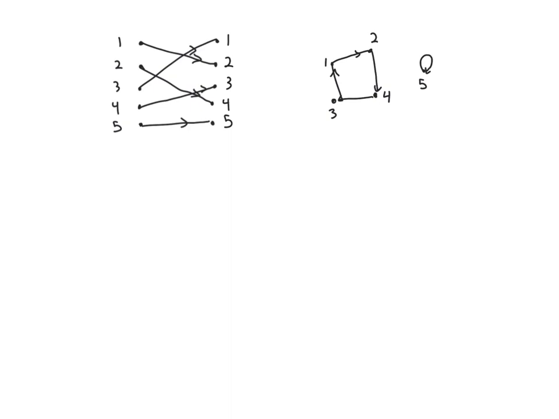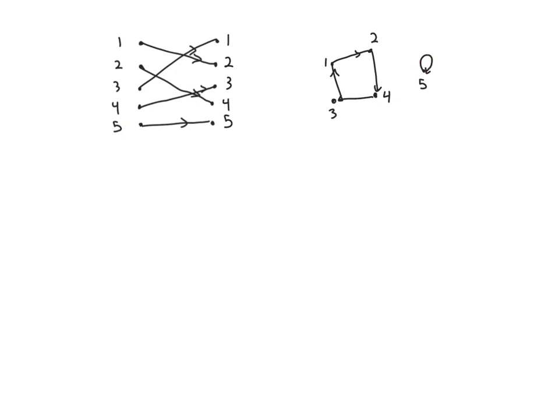But you start to see when you have bijections, you have this more interesting phenomenon. So 1 goes to 2, 2 goes to 4, 4 goes to 3, and 3 goes back to 1, and 5 goes to itself. So we see that we got this cycle going on here and this other cycle.